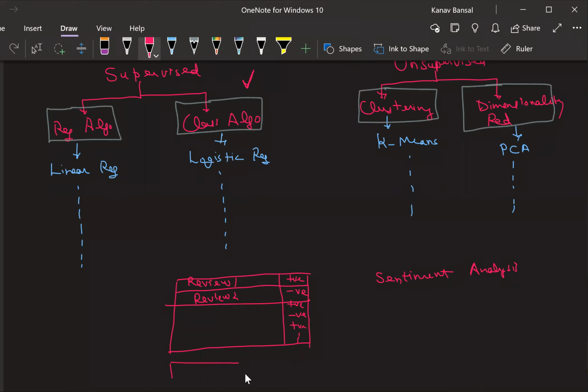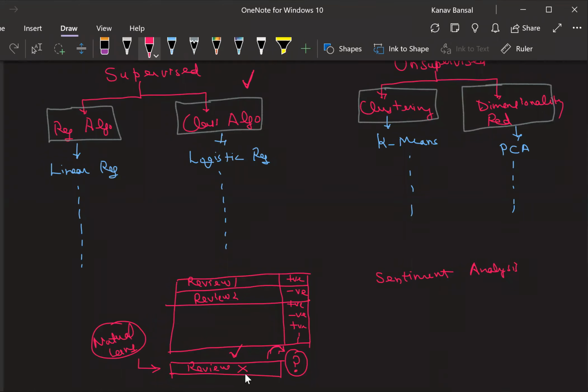In future, if somebody gives me some review X, I should be able to tell what is the sentiment behind that review. I should make my machine understand the sentiments behind some natural language text, and the machine should be able to tell whether the sentiment behind this text is positive or negative.